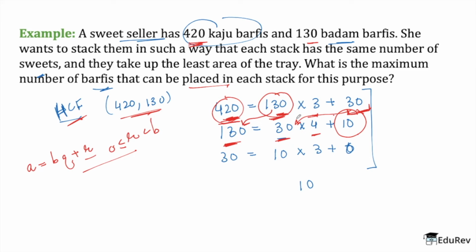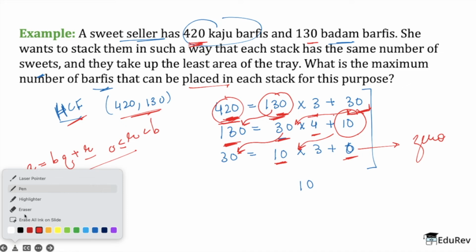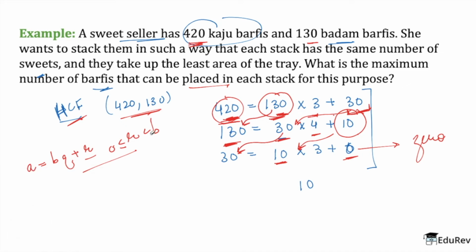For that, we divide this 30 by the 10, that is the remainder, so that the remainder of the final equation came out to be what? 0. Now, I can understand that most of you would be saying, what is going on? Do not worry if you do not understand this. Let me explain it to you in a better way.